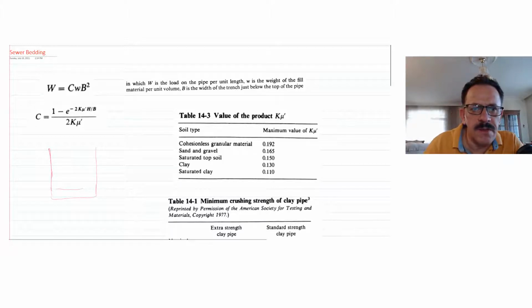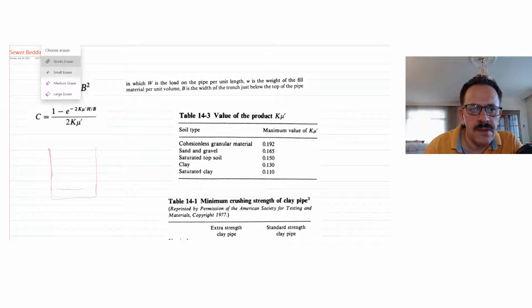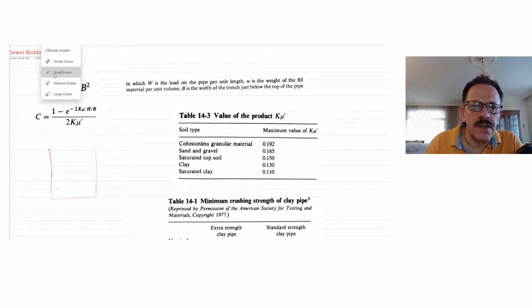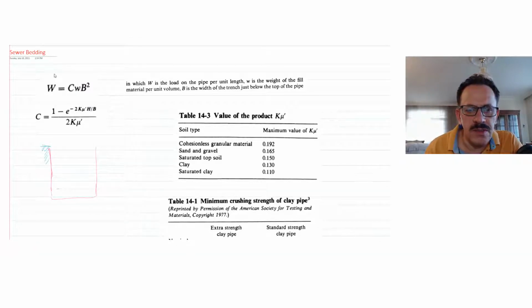Let's say this is the bedding, or this is the trench that we should put the sewer itself. So between the manholes we have to cover that sewer. This is the sewer, and this is the trench.